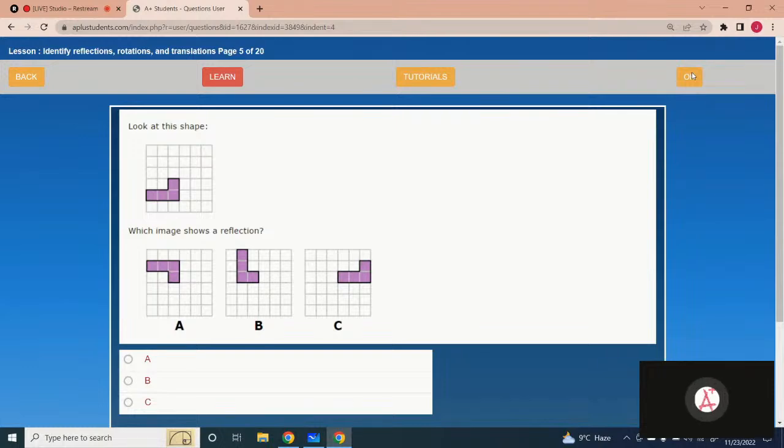Okay, look at the shape. Which of them is a reflection? So which is the correct option?